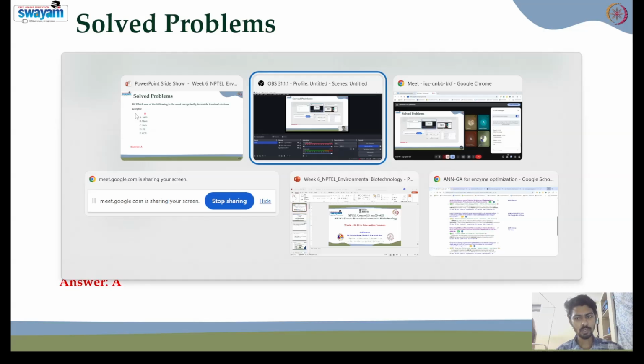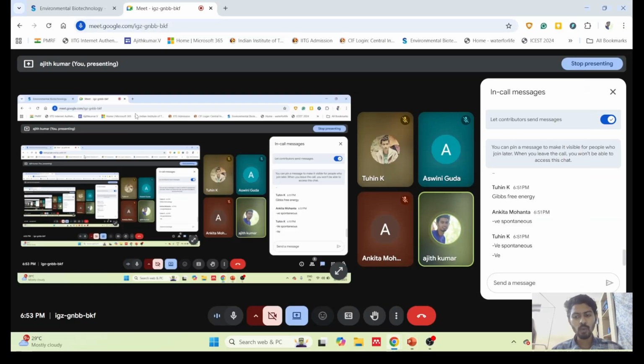So I will ask one question. If you have NO3 and O2, then in this case, which is the energetically favorable reaction, whether it is NO3 or O2? Okay, Tuhin, O2. Any other answer?